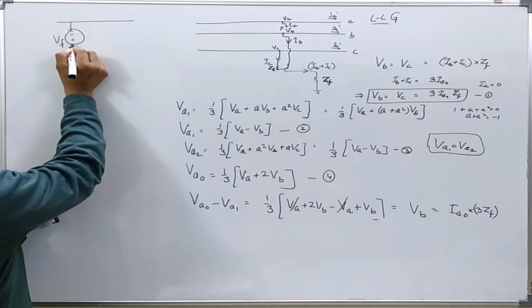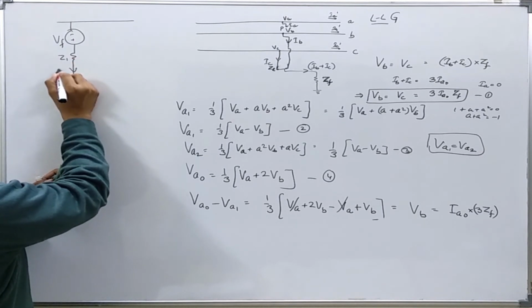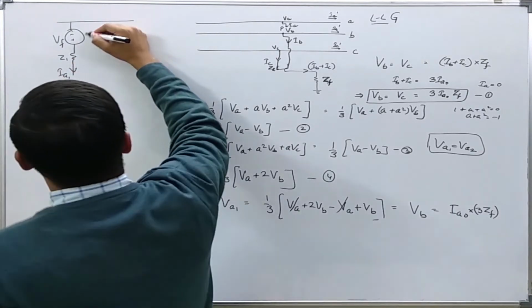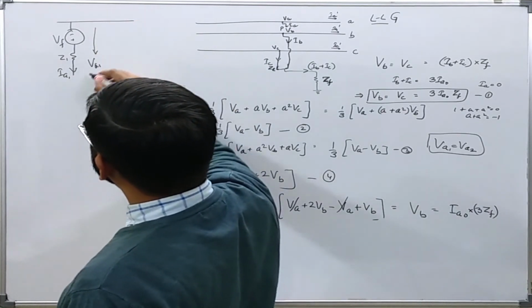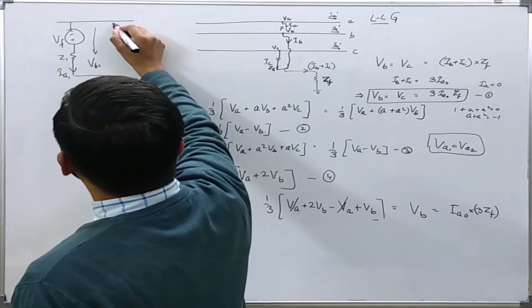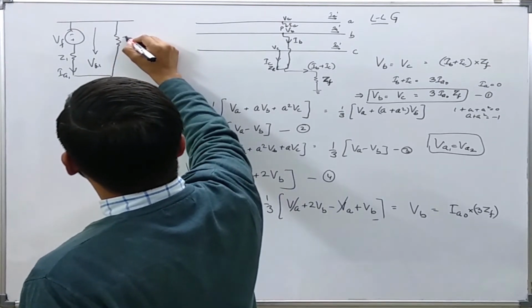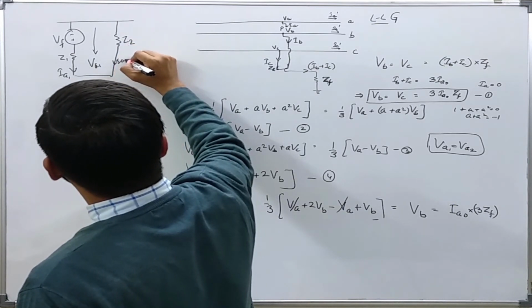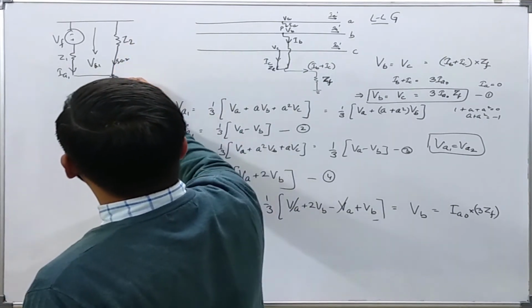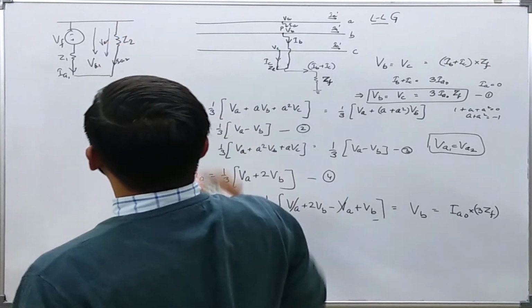VF, Z1, this current is IA1, so this voltage is VA1. Let us say this is the negative sequence impedance, this is current IA2. So this is again VA2, so VA1 is equal to VA2.